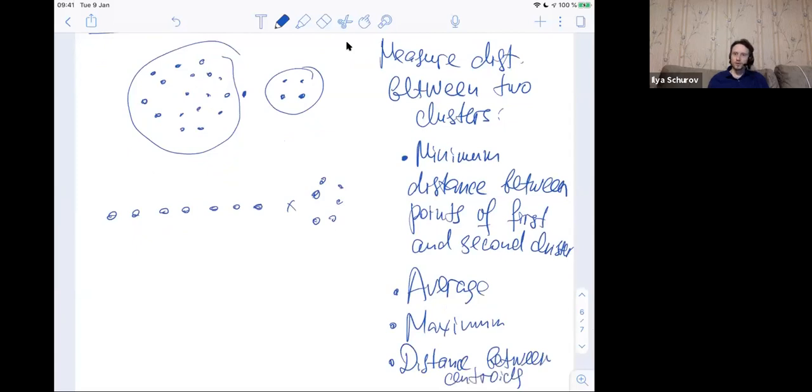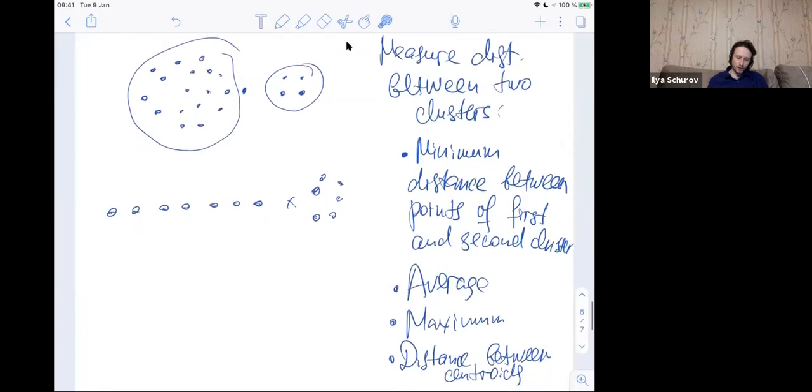So everything is theoretically possible, and it will give you slightly different results. Again, you can think about your clusters, about your geometry, and choose which one to use, or just use the default. I think that the default in R is variance distance, that probably is this minimum, but I'm not sure. I have to consult the documentation.